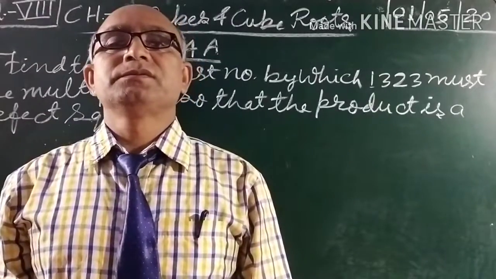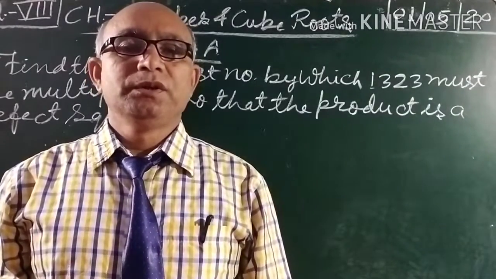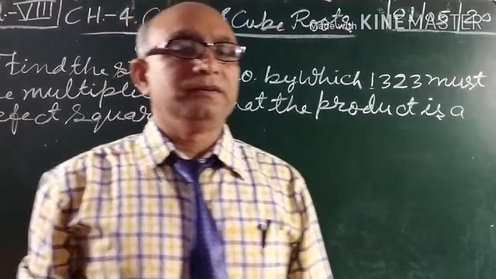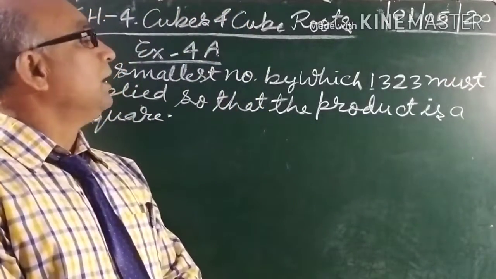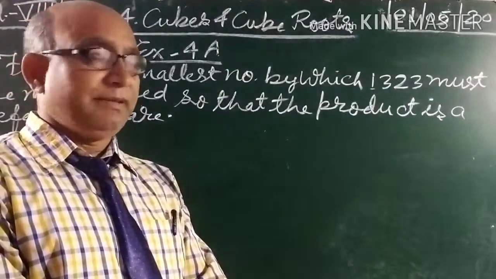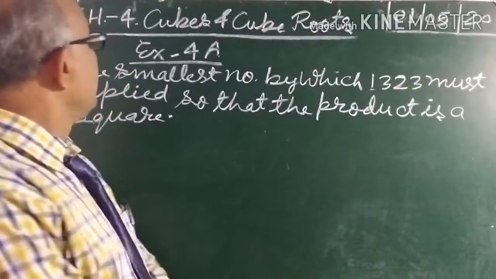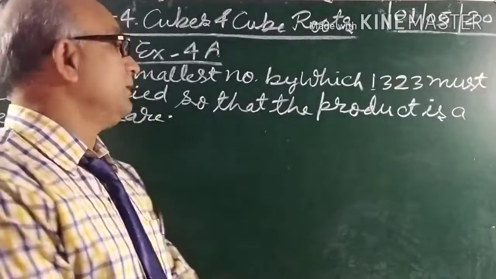My dear students, one important question, write on this board, is question number 7. Find the smallest number by which 1323 must be multiplied so that the product is a perfect square.